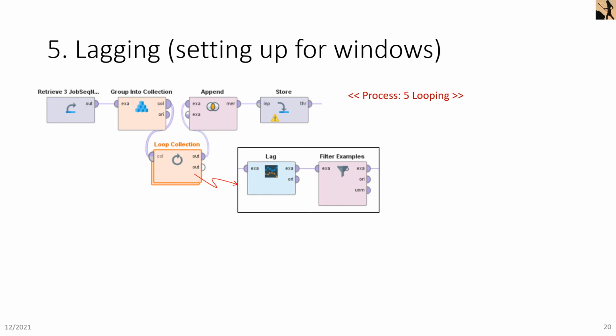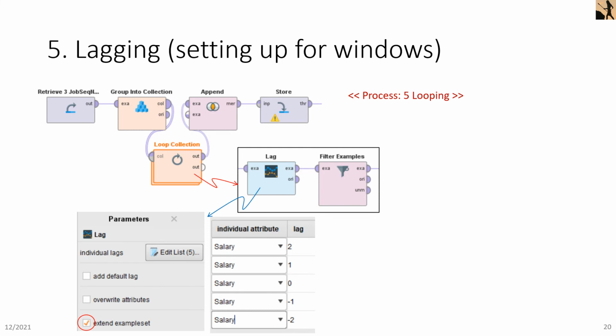So for example here, inside this loop for each employee, of course, we try to create some kind of lagging operation. And what I'm showing here is just what we described. I would like to have the previous 2 values and the next 2 values along with the current value. That will form a total of 5 attributes, right?